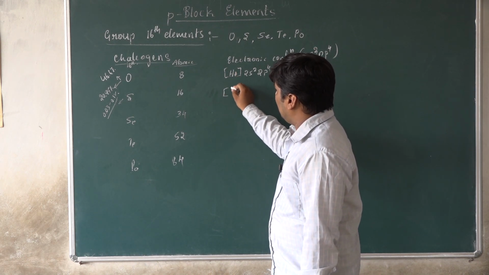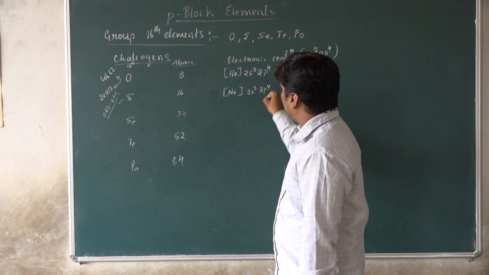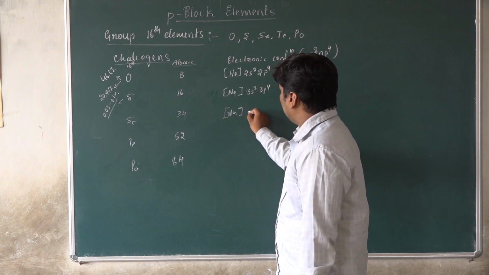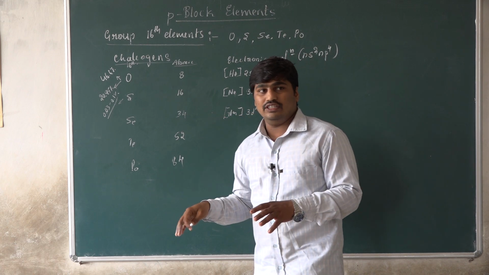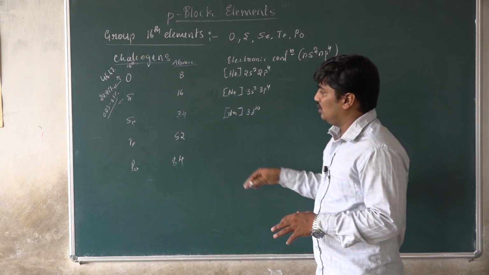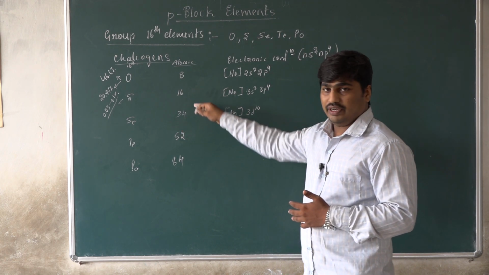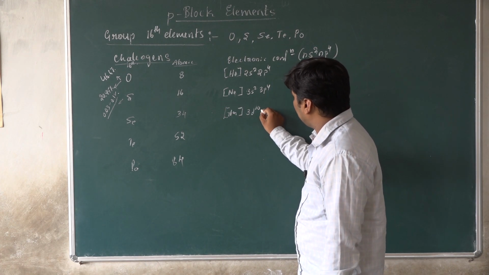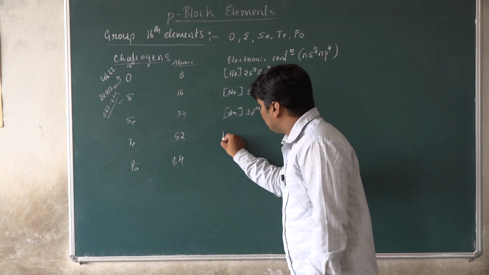Next, sulfur is neon core, 3s2 3p4. Selenium is argon core; now the d orbital enters, and the 3d series is completed here, so 3d10 4s2 4p4.